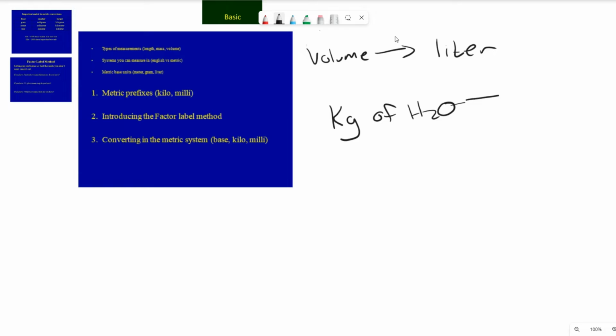Well, it would take up 1 liter. So if you take a 1 liter bottle of soda, which is mostly water with just some solute in it, it's going to weigh about 1 kilogram, because 1 kilogram of water takes up 1 liter of space. So that's how they came up with the length for a meter, the mass for a gram, and the volume for a liter.